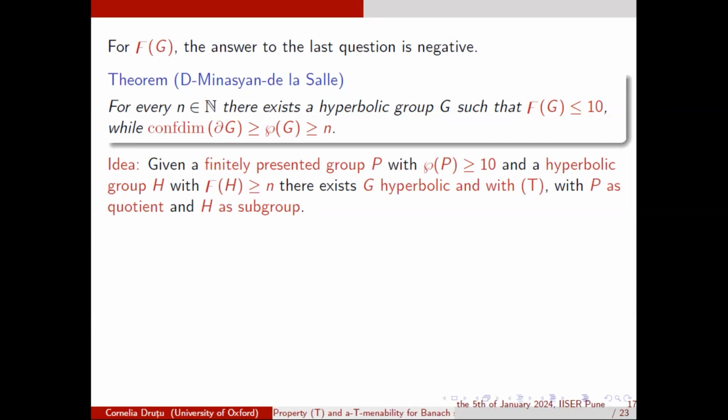Because we can do the following construction. Given a finitely presented group, in fact, any finitely presented group P, and given a hyperbolic subgroup H, we can produce a hyperbolic group that has P as a quotient and H as a subgroup.